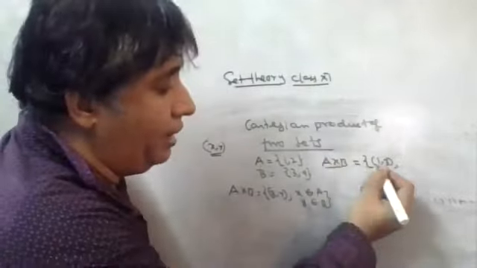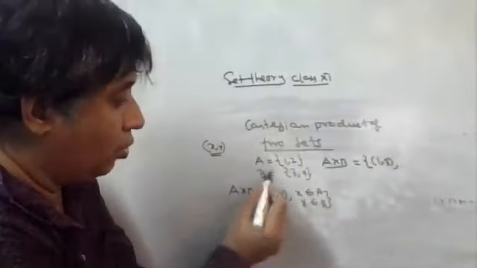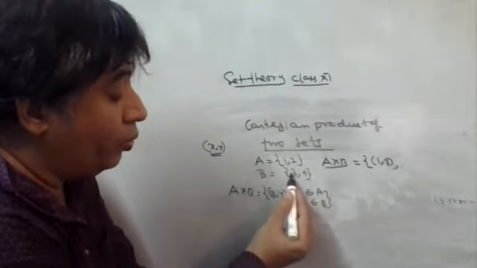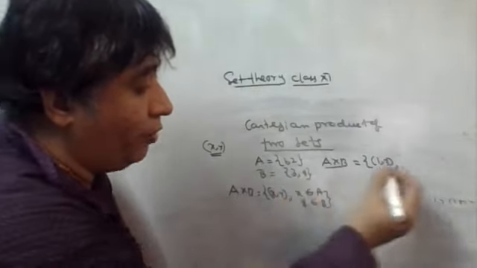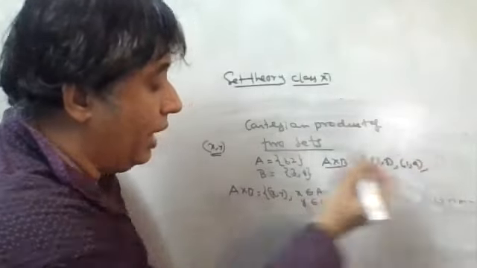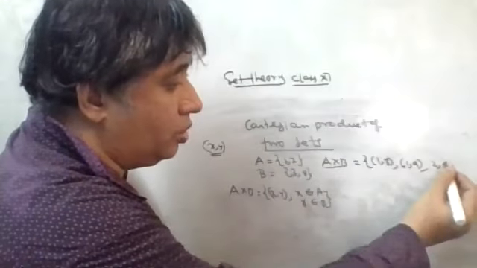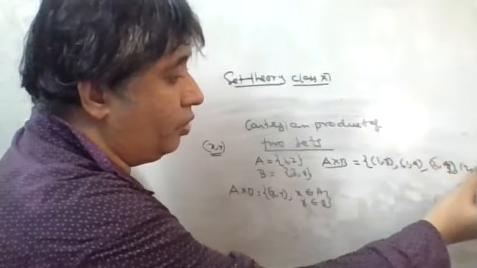So A cross B: you see 1 belongs to A. So how many ordered pairs can it form with the elements of B? (1, 3), (1, 4). And 2 belongs to A: (2, 3), (2, 4).